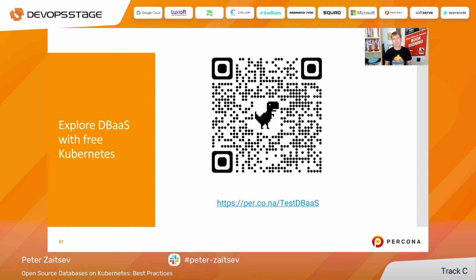You can use that free Kubernetes to play with database as a service in PMM, or also to deploy the operators, either ours or somebody else's, and play around with that. I think that can be quite helpful.